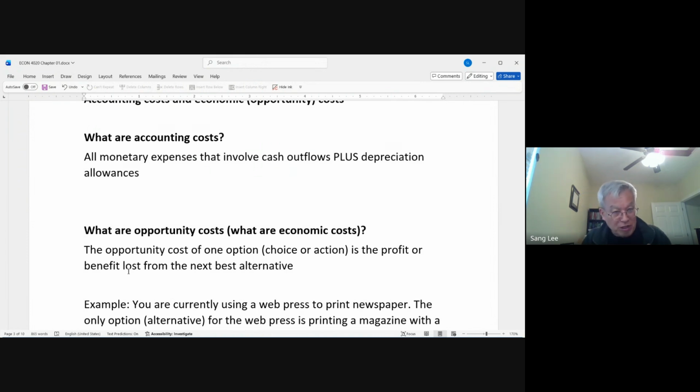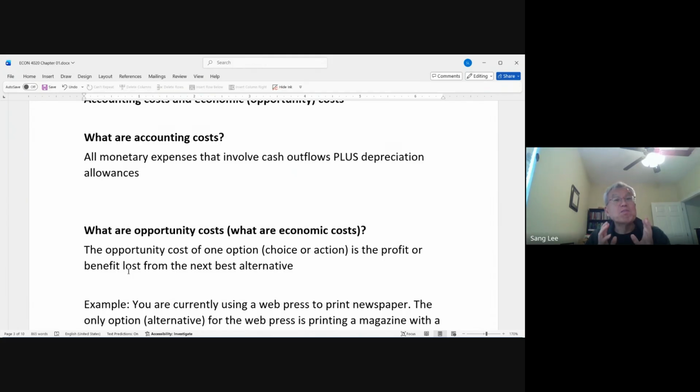You see the difference? That's exactly the difference between accounting cost and opportunity cost, or sometimes we call opportunity cost economic cost. So, a clear definition here. What is an accounting cost, and when do we incur an accounting cost?